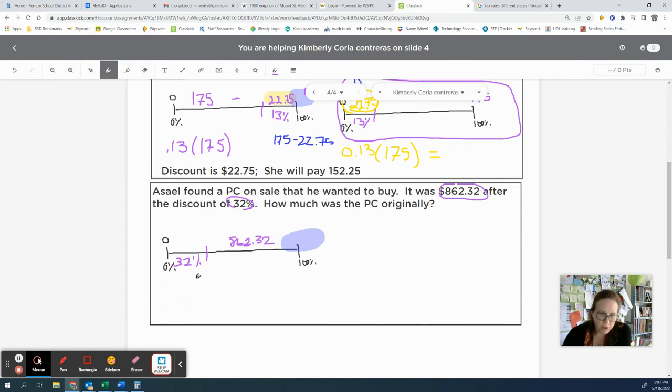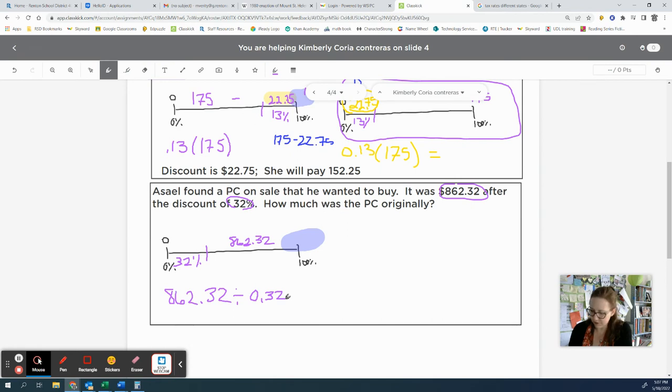We take the part, which is $862.32, and we divide it by the percent. And that's going to give us our original number.